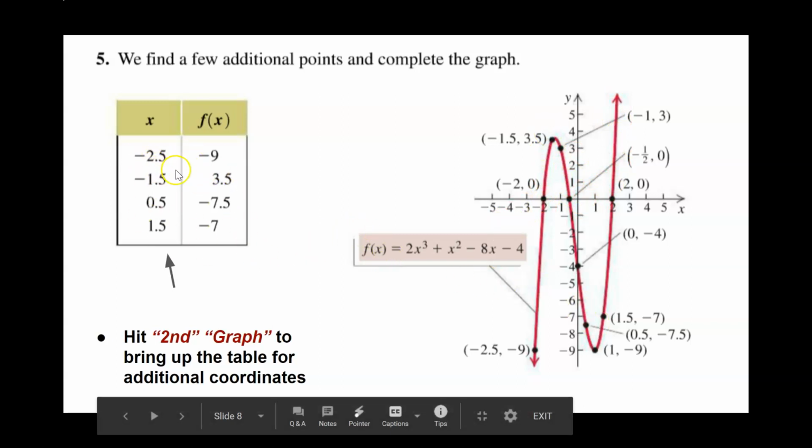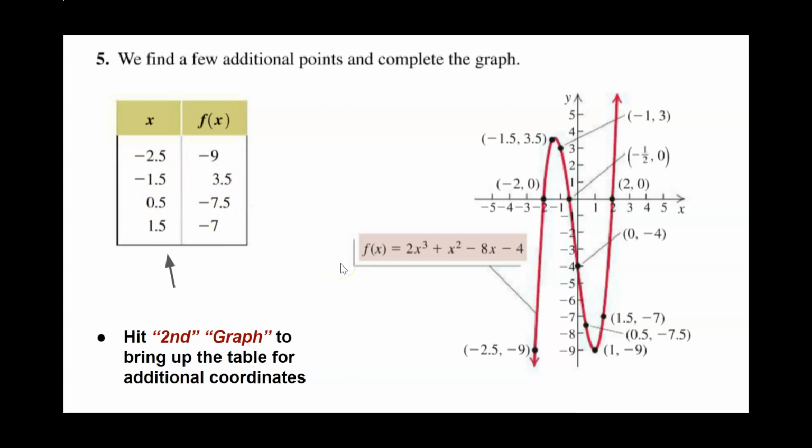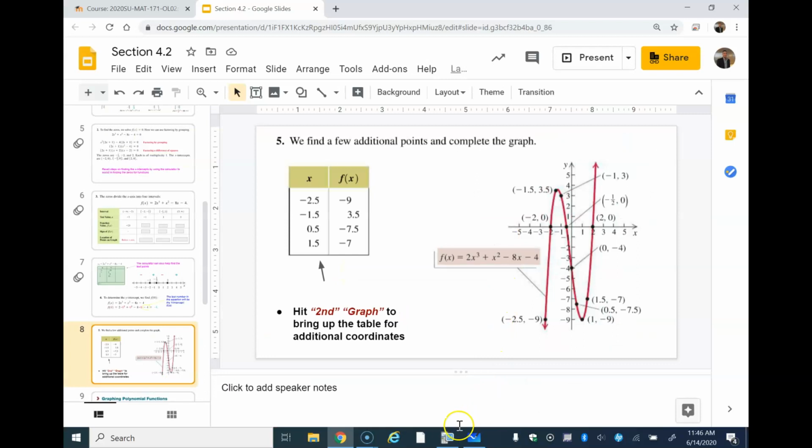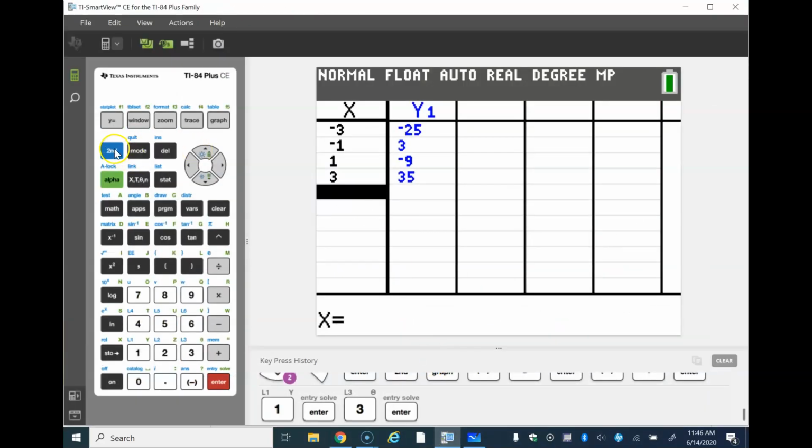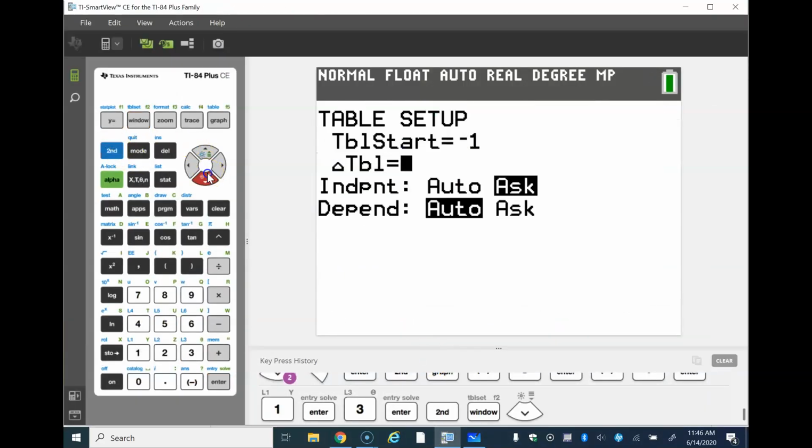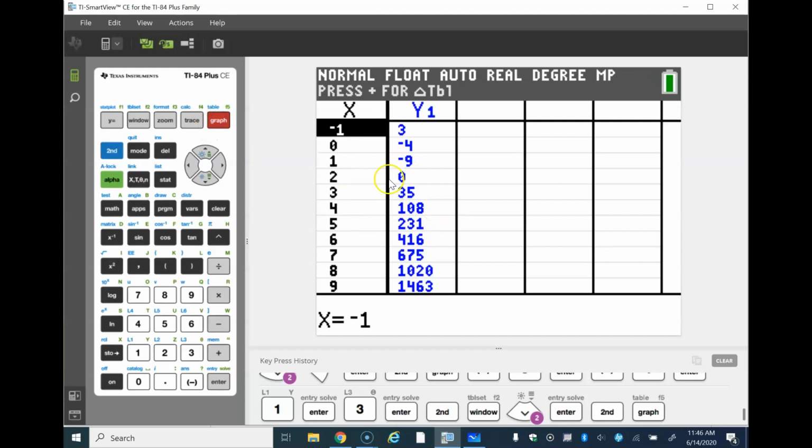So now you can actually just hit second graph, but make sure you go back to second window and switch it back to auto. And then hit second graph, and then you can just grab some test points. Don't grab the bigger ones.